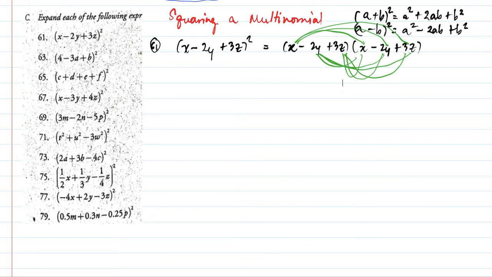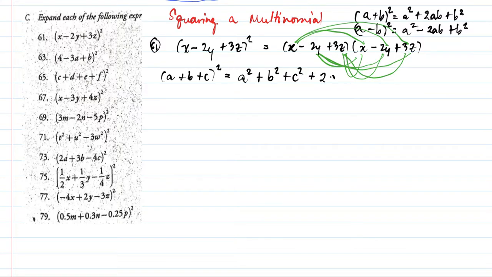Okay, so if you expand this, you will find out that if you have (a plus b plus c) and you have to square that, all you have to do is, number 1, square all the terms. And then get twice the product of any combination of 2.